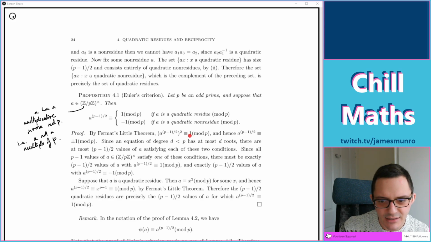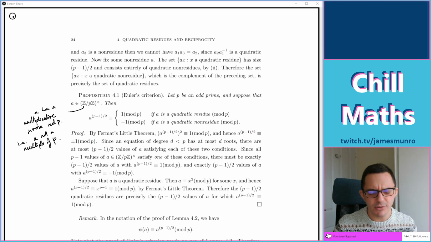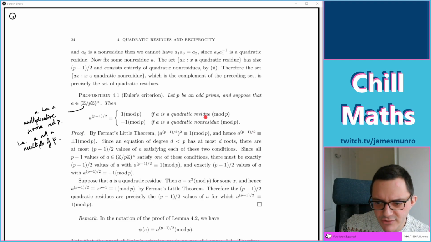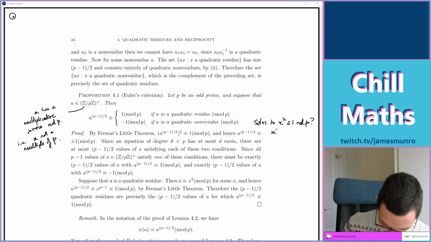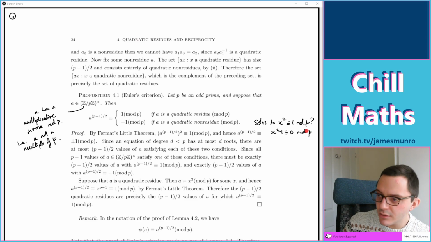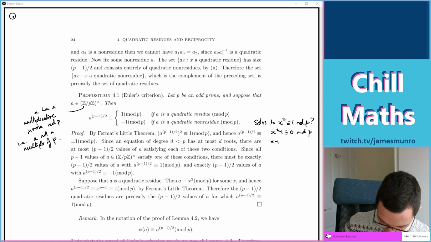This thing is 1, and hence that thing is plus or minus 1 mod P. Why does that follow? Oh, so this is something like solutions to x squared equals 1 mod P. Oh, and we're maybe using the fact that you can do unique factorization if P is prime.